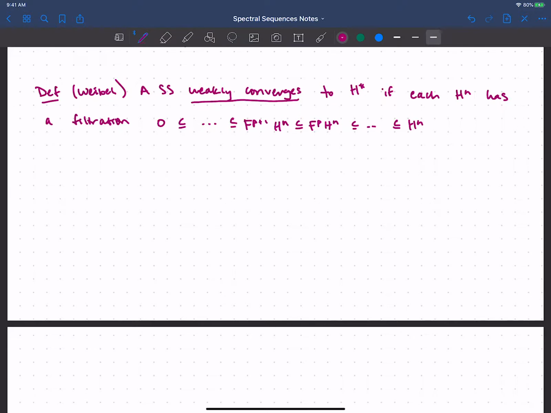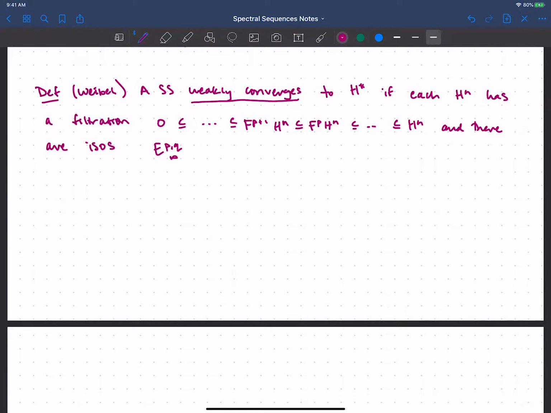Okay, so this is some filtration of our R-module H^n, and there are some identified isomorphisms with our E_infinity term.